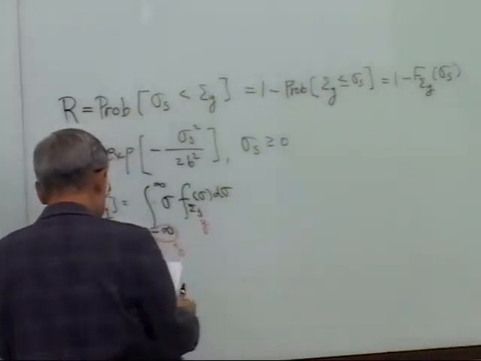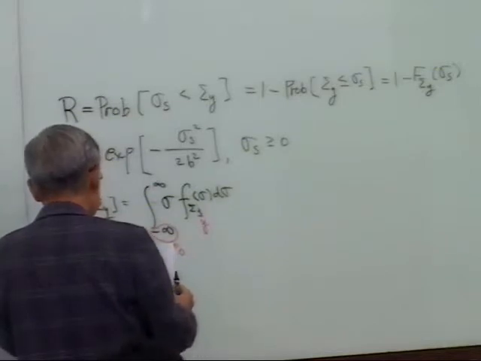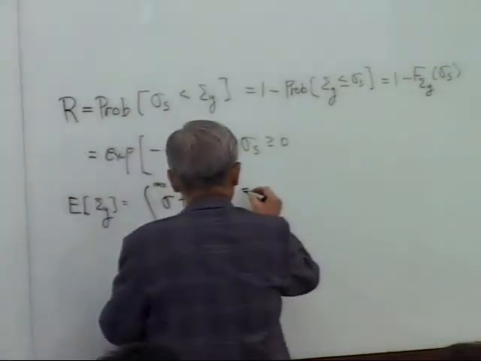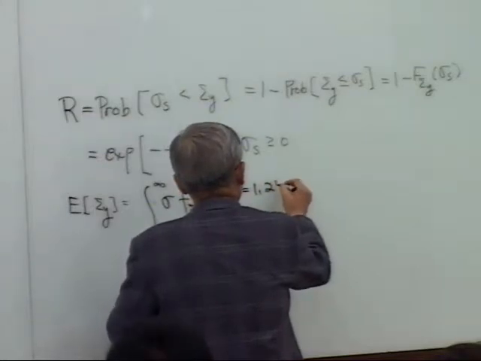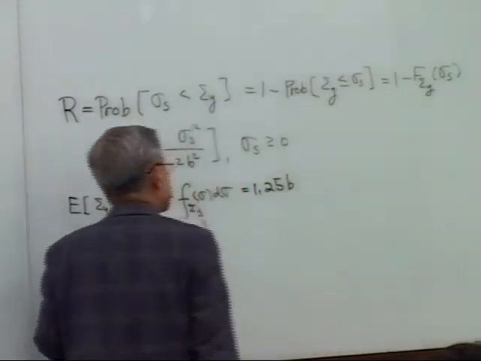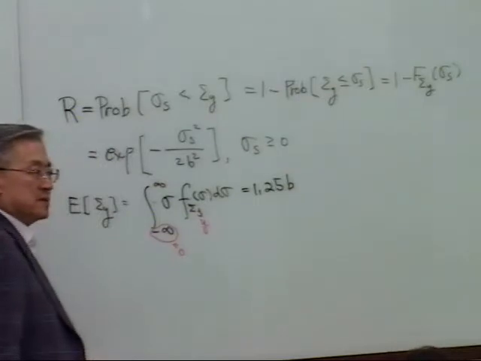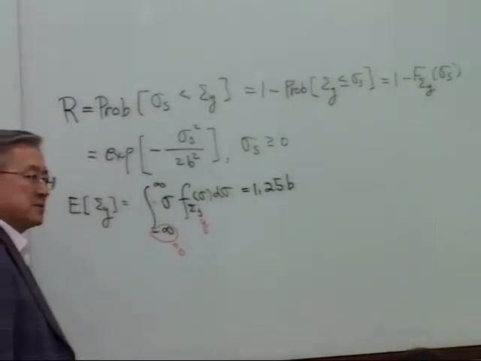Then if you do that, you can compute this as 1.25b. So b has a direct connection to the mean value.